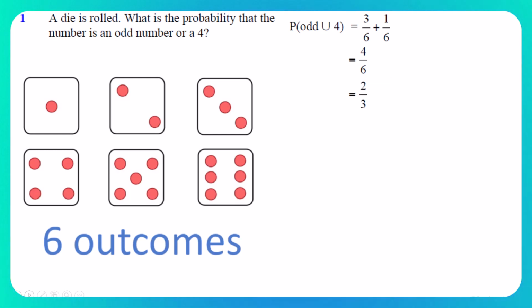You can reduce that to 2 over 3. So the answer, when we say an odd number or, look at the symbol, it looks like a U, we're going to add those two probabilities together.